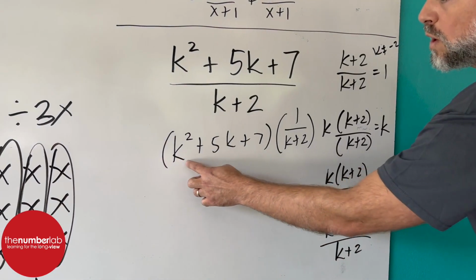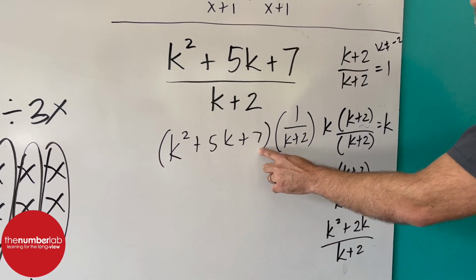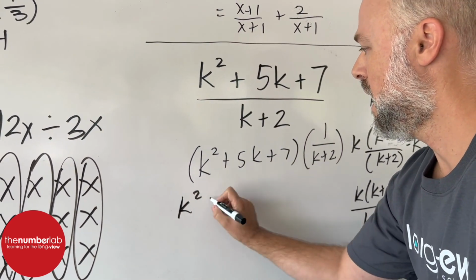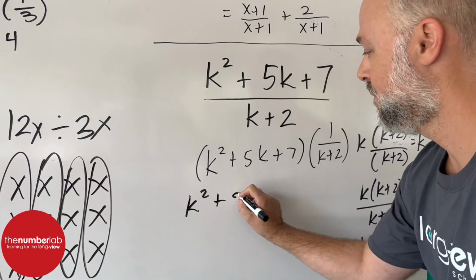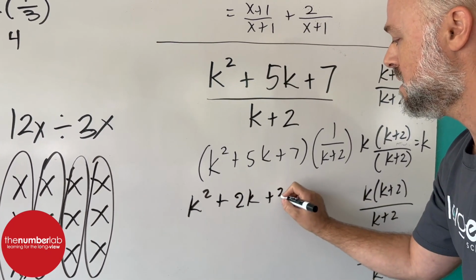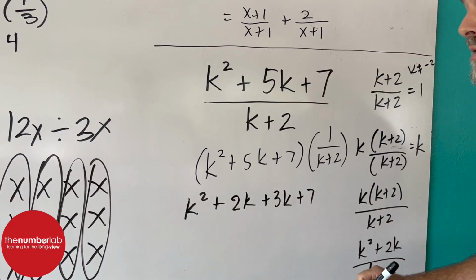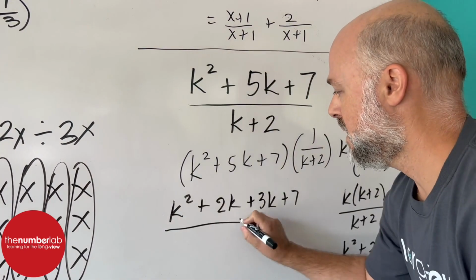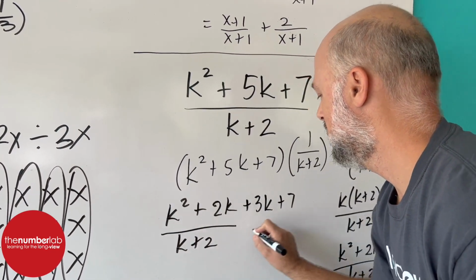We have k squared and 5k and 7. That means we have k squared and 2k. We have that. We have that. And we have 3 more k's, and we have 7. And we can distribute. We have that, and we have this.